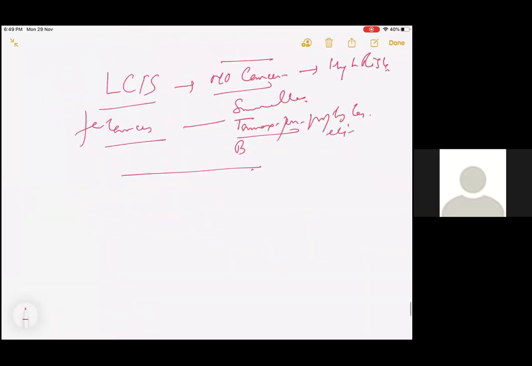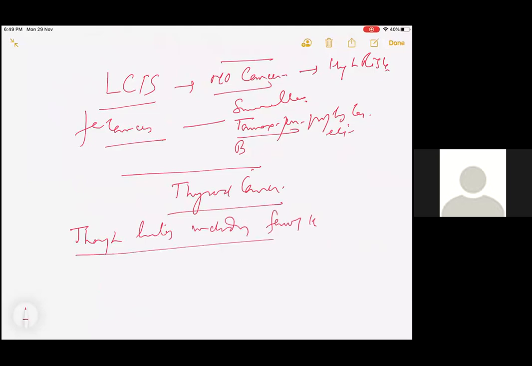Now let's take the other one, thyroid cancer, where also you do triple assessment. So the first part is a thorough history, including family history. Here, we now know there are genes.